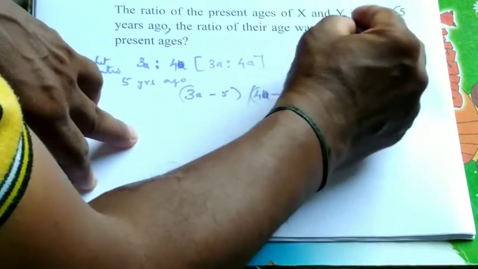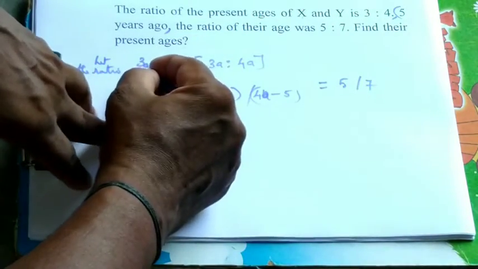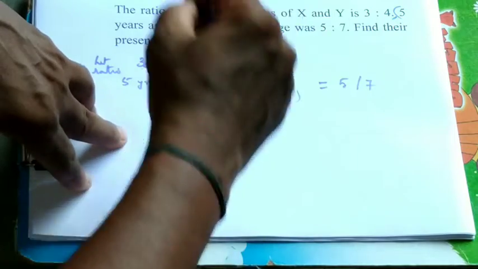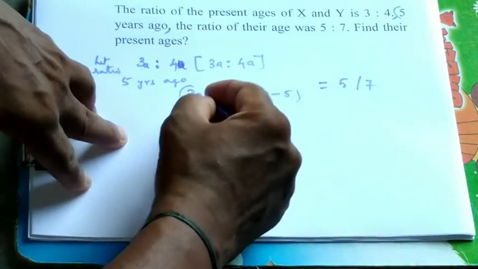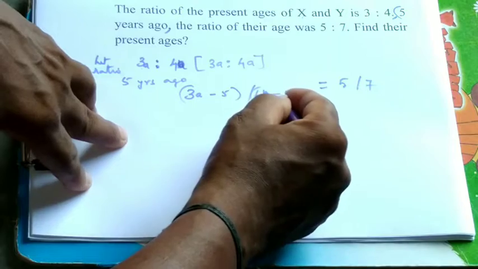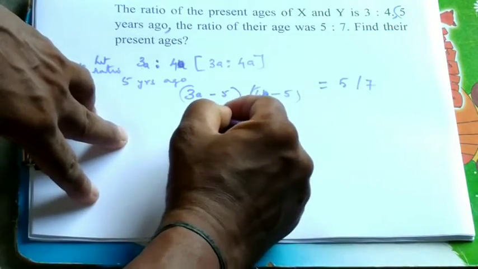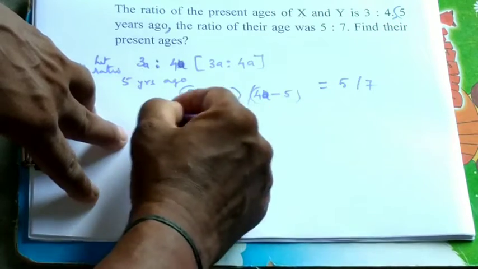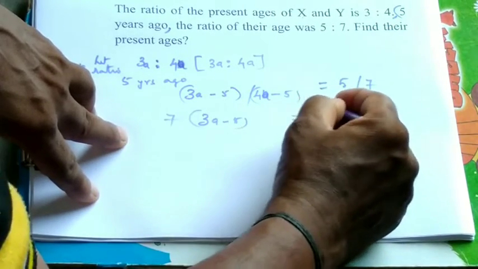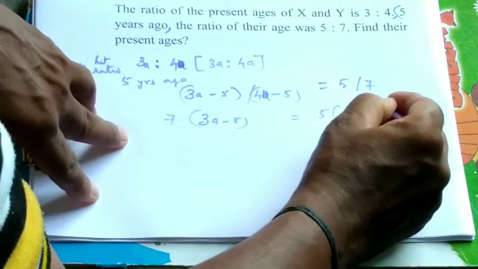Now, the ages of x and y are given 3 is to 4. That we are assuming as 3a is to 4a. 5 years ago, 3a minus 5, 4a minus 5, the ratio becomes 5 is to 7. And cross multiply this. 3a minus 5 into 7, then 5 into 4a minus 5.